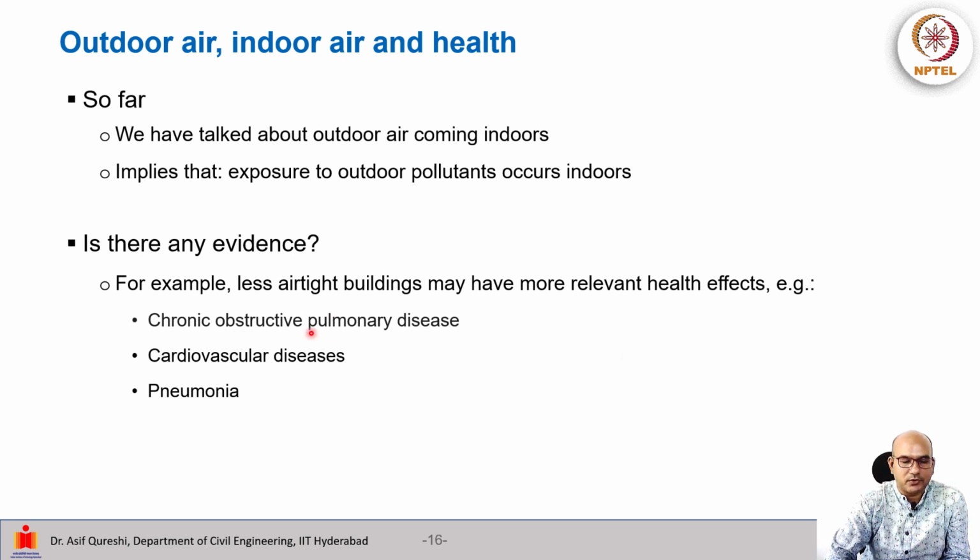So for example, less airtight buildings should have more relevant health effects, because the building is less airtight, outdoor air will come in more, and will cause these different issues such as chronic obstructive pulmonary disease, cardiovascular disease, pneumonia. So there must be some relation perhaps.